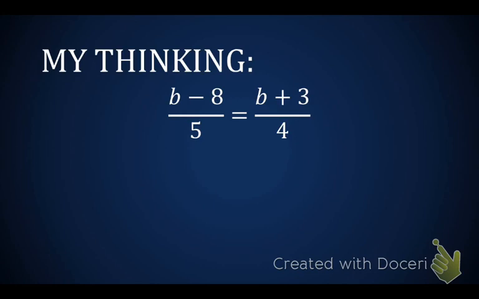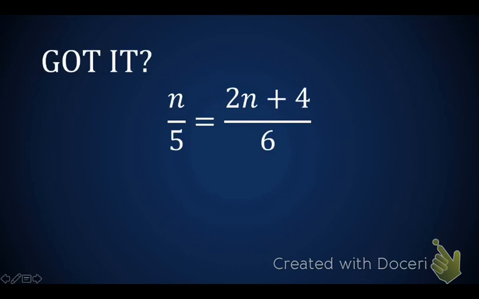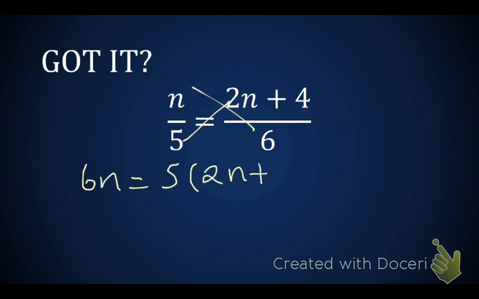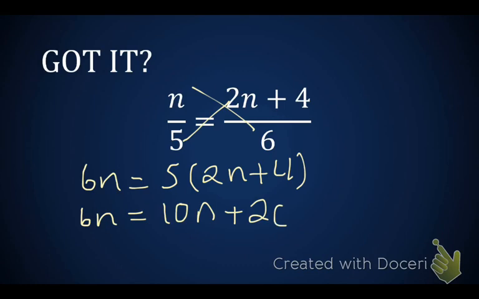All right, I want you to pause the video and try this one. You should have solved it using the cross product, so we should have gotten 6n equals 5 times 2n plus 4. So 6n equals 10n plus 20.